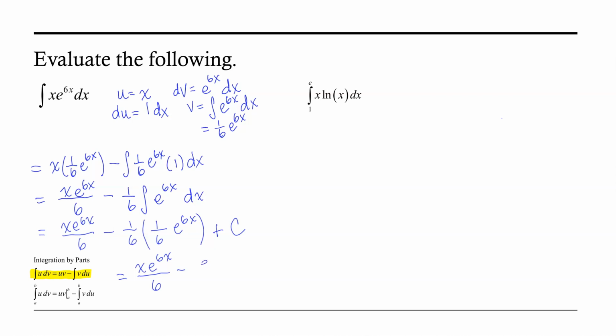So I'm going to write that as e to the 6x over 36 plus c. And there's our antiderivative for the integral of x times e to the 6x dx. That antiderivative is x times e to the 6x over 6 minus e to the 6x over 36 plus constant of integration.